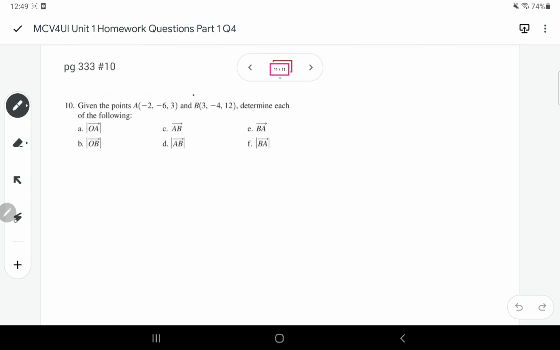I really like this one because I think it's important to recognize the difference between vectors, points, and vectors and their magnitudes, and a vector from the origin to a point, and then the vector between 2 points. So I'm going to go through this, and I'm going to label the origin on here. So this is point A, pardon me, -2, -6, and 3.